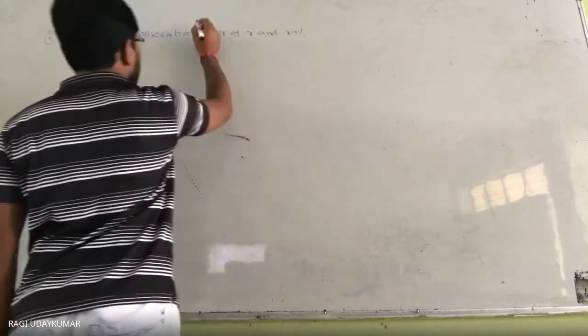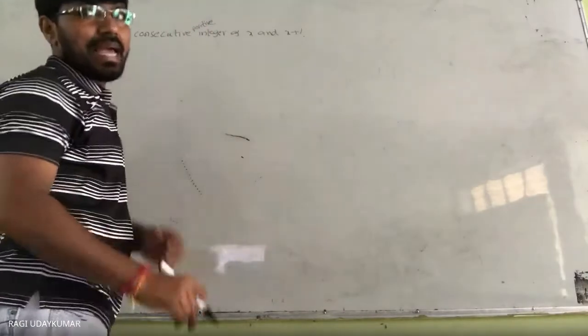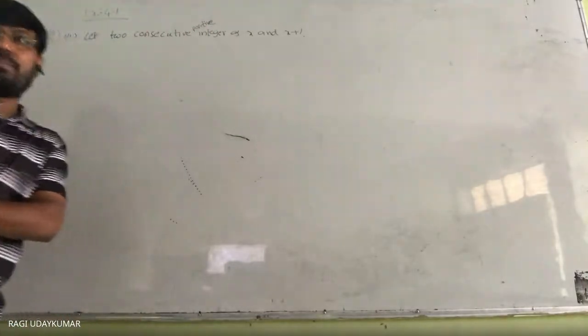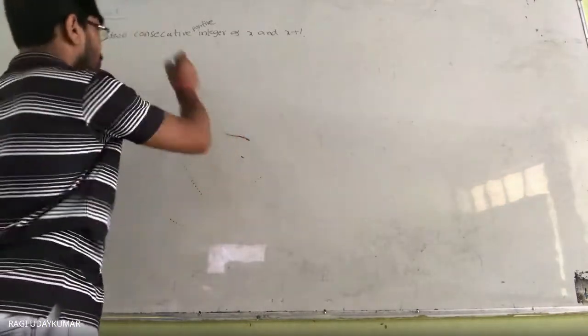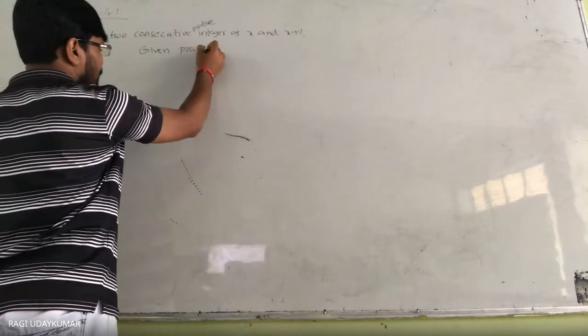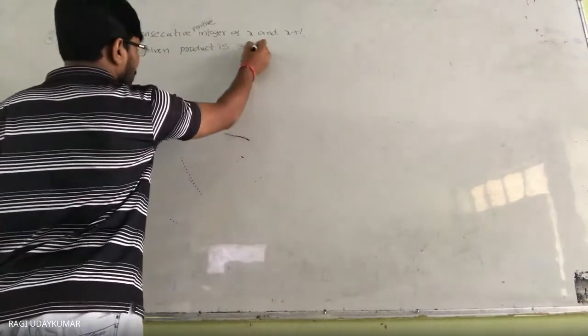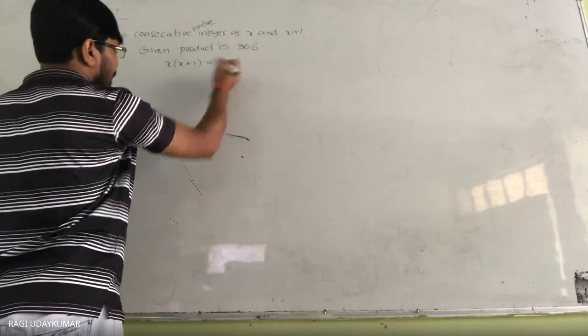Two consecutive positive integers बोला है ना? So let us write positive integers as x and x plus 1. The product of these two positive integers is given to you as 306. So x into x plus 1 is equal to 306.